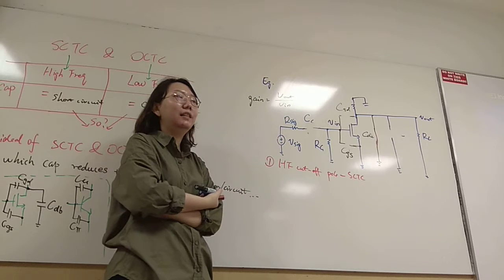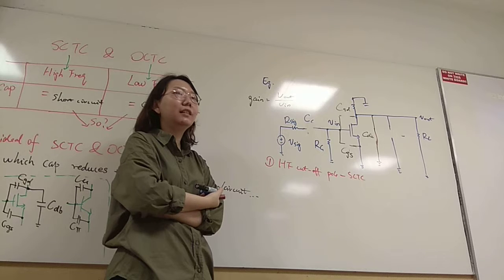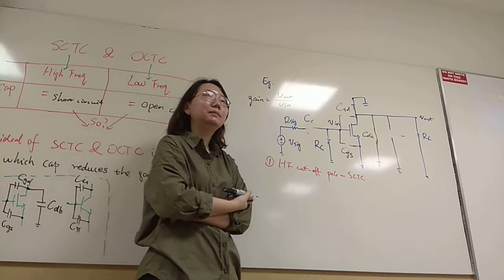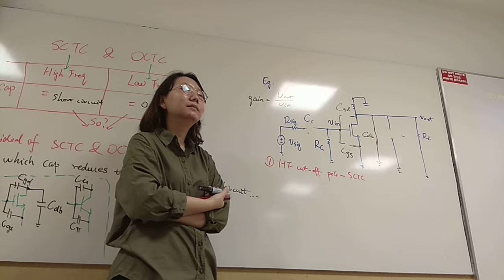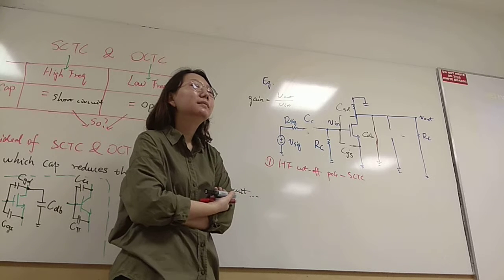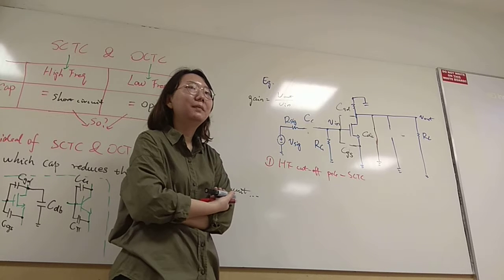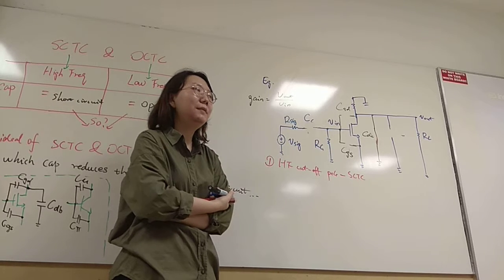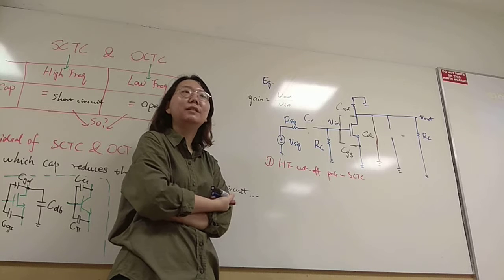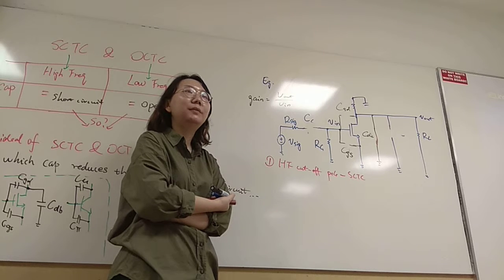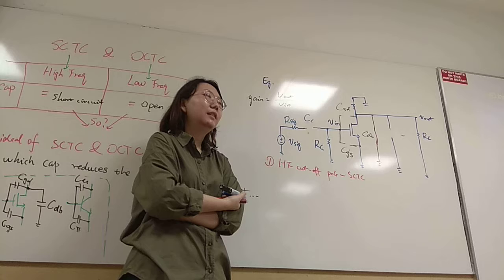What happened to my V out over V in? V out will increase? No. Can we see directly from the schematic? What happened to my V out over V in? It will go shorter.